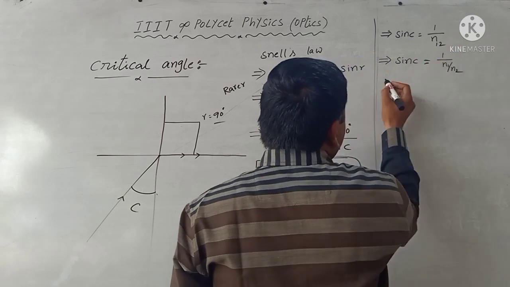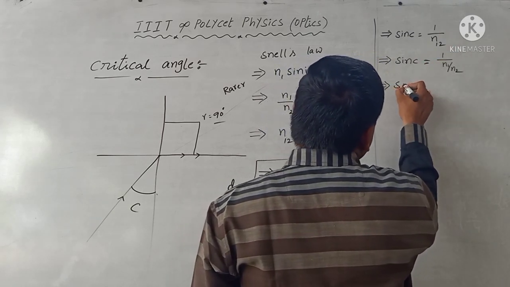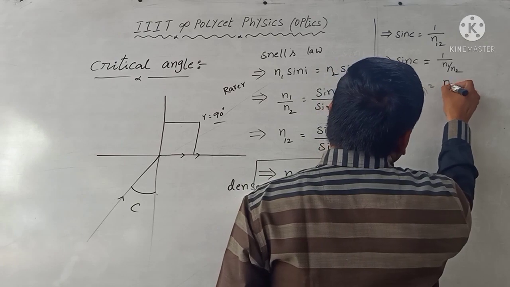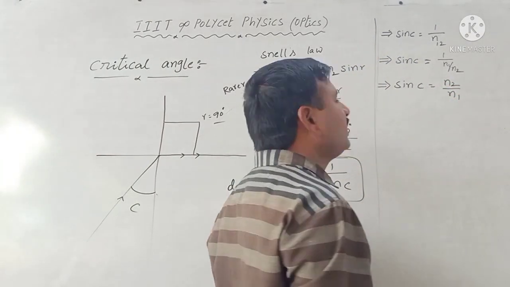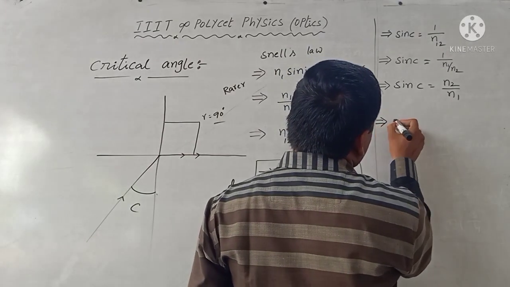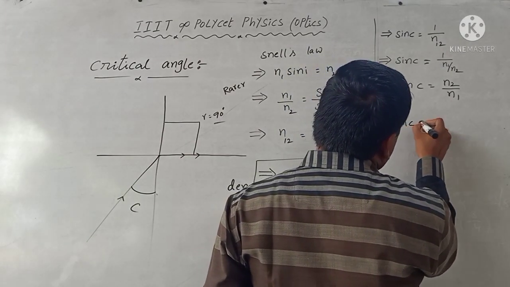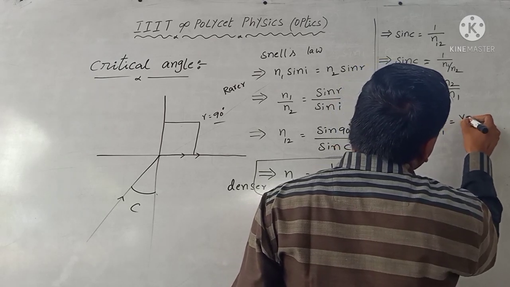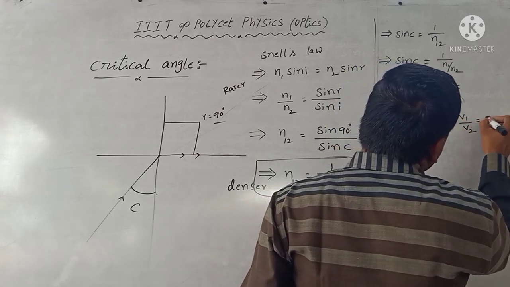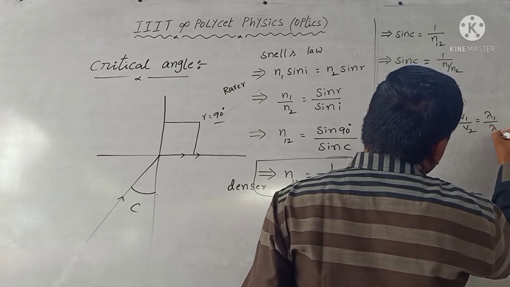N2 takes the numerator place. Sin C is equal to N2 by N1. Finally, it is a very important formula: N2 by N1 is equal to V1 by V2, that equals lambda 1 by lambda 2.